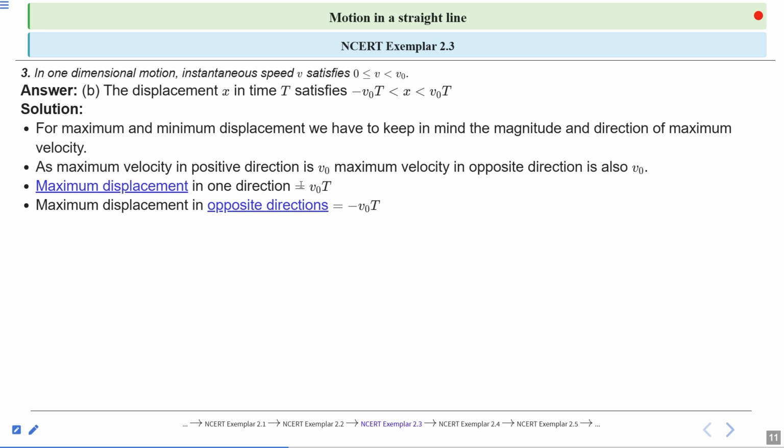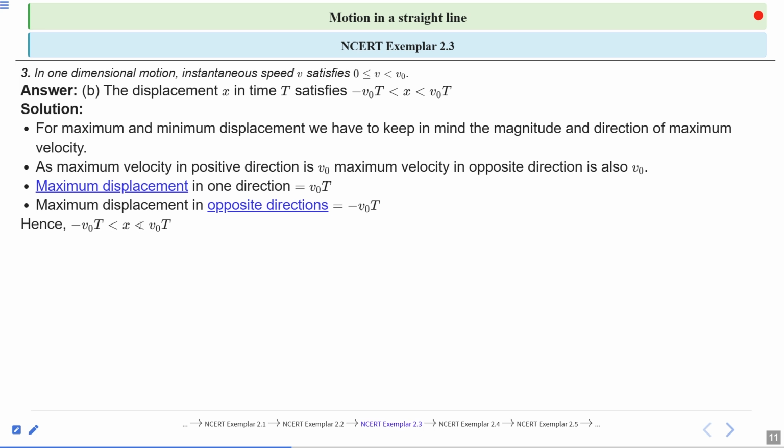So v naught t is the maximum displacement in one direction, and minus v naught t is the maximum displacement in opposite direction. Clear? Hence the condition will be x is greater than minus v naught t and less than v naught t.